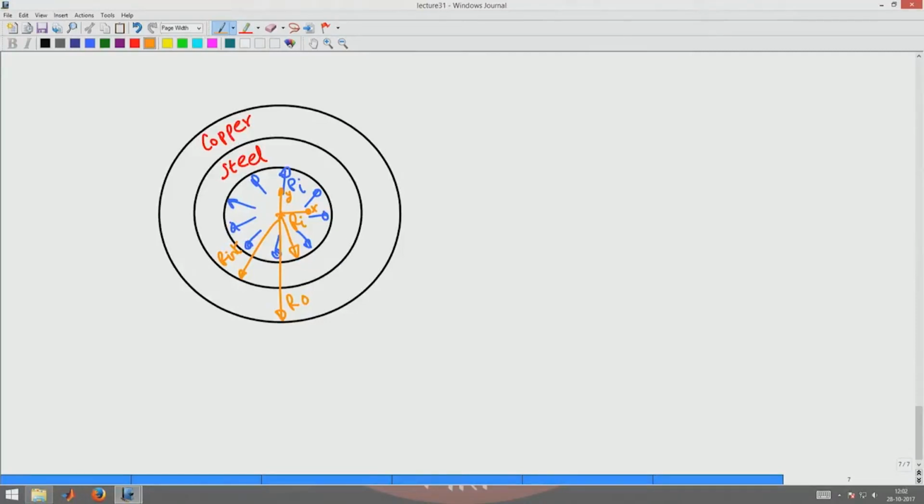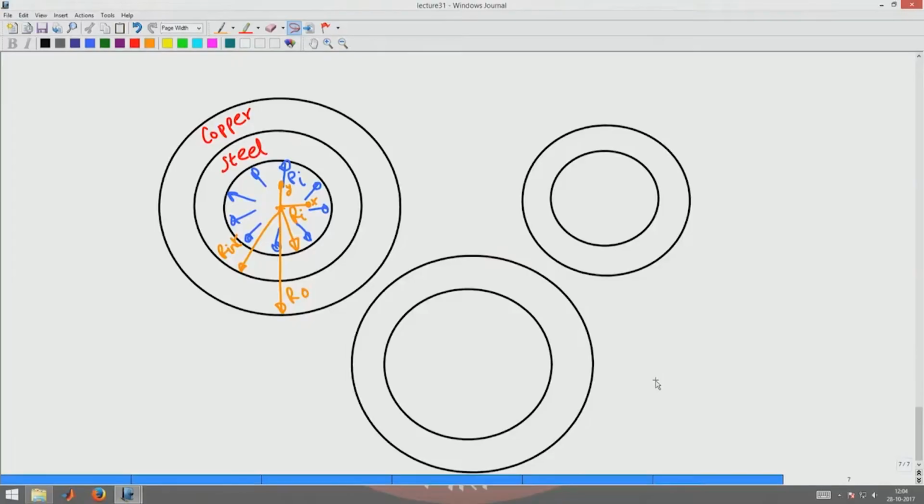Okay. So, basically now we want to analyze what happens to this composite structure. You know that Young's modulus and Poisson's ratio of steel and copper are different. So, how do you analyze this structure? You draw the free body diagram of steel and copper, exposing that there is a radial pressure acting at the interface of steel and copper. You isolate the steel pipe from the copper pipe, and you expose the interfacial pressure.